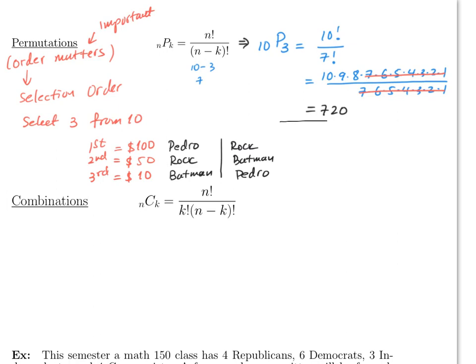Now, if you want to do that with a calculator, this is how you do it. First on the screen, type the number 10. Then go to Math, and then move the cursor to the right to get to PRB, which means probability.